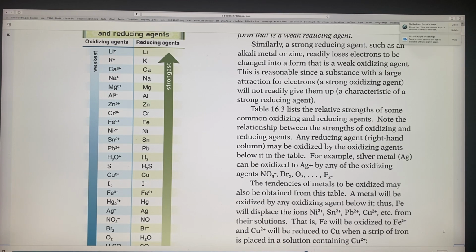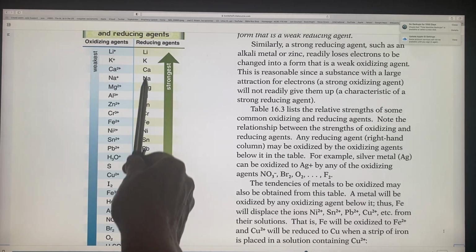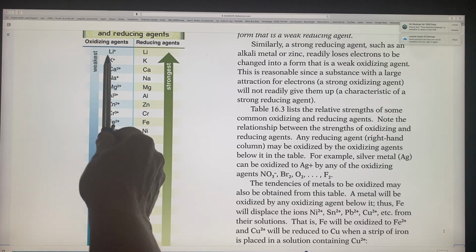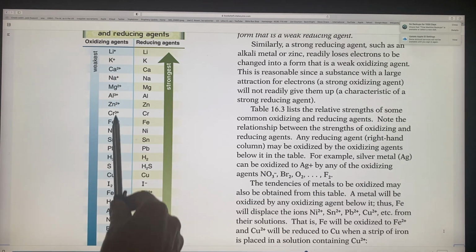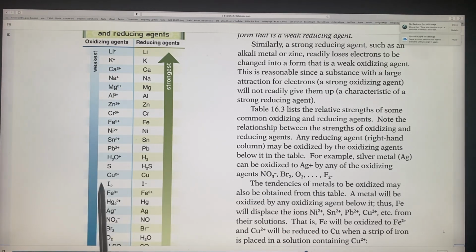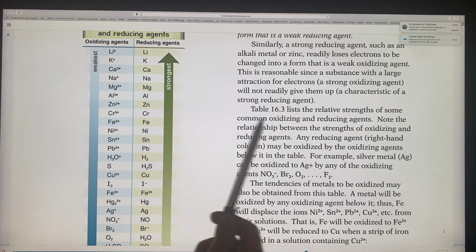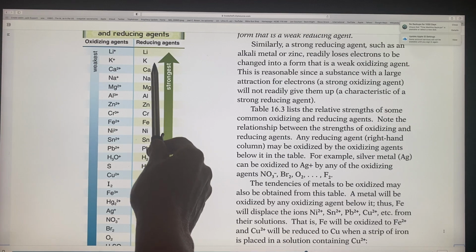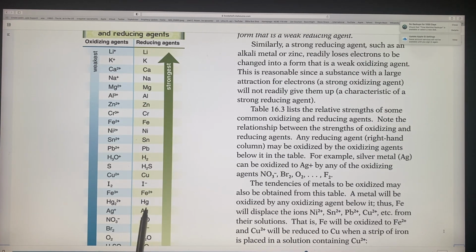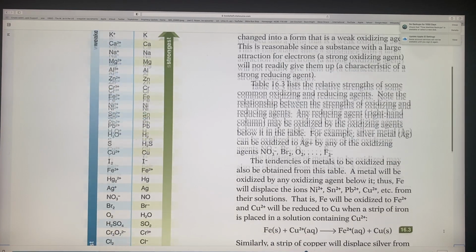Any reducing agent on the right column must be oxidized by the oxidation agents below it in the table. So, for example, let's look at this table. We have the strongest reducing agents and the strongest oxidating agents opposite from each other. So if we take the metal Ag, which is silver, let's look down here and see where silver is. Silver is down here. Let's move it up.